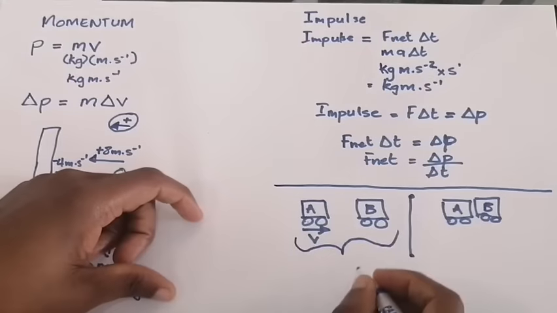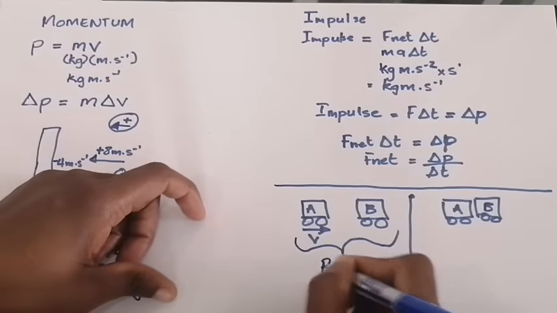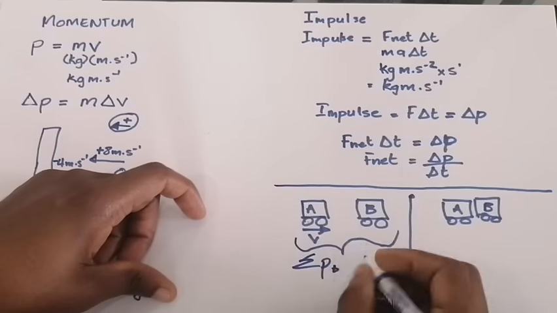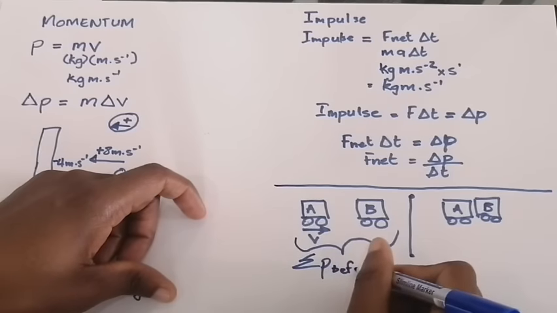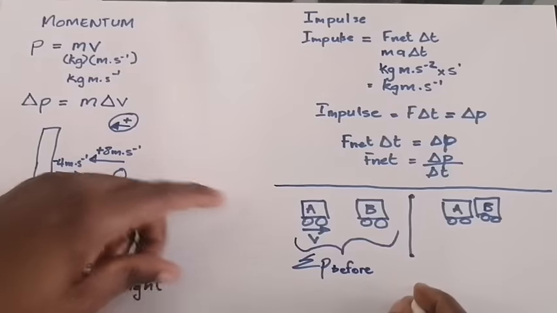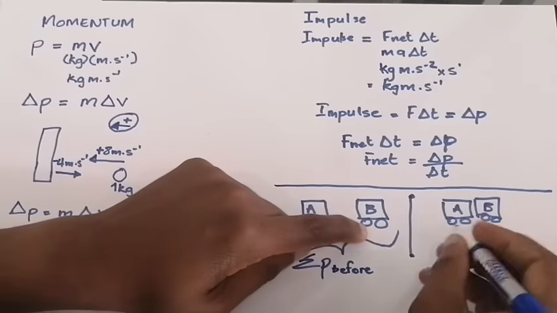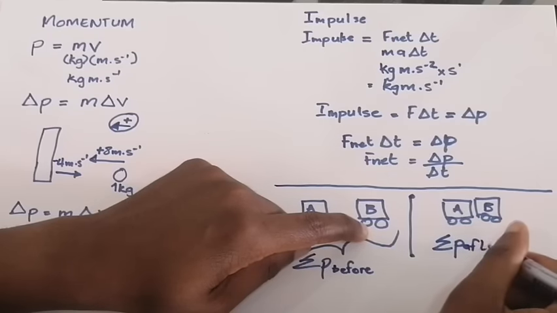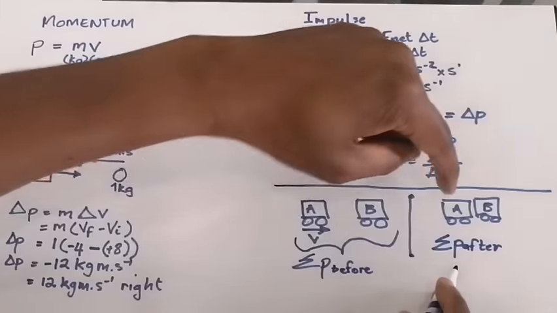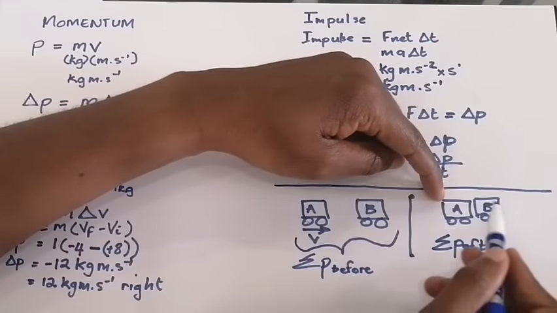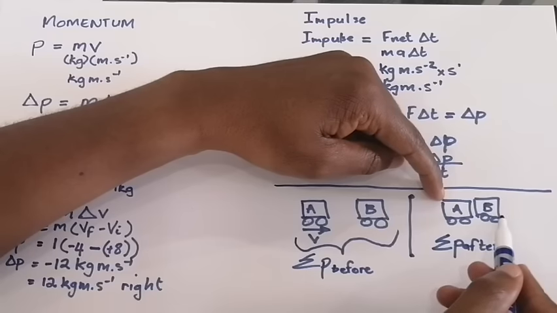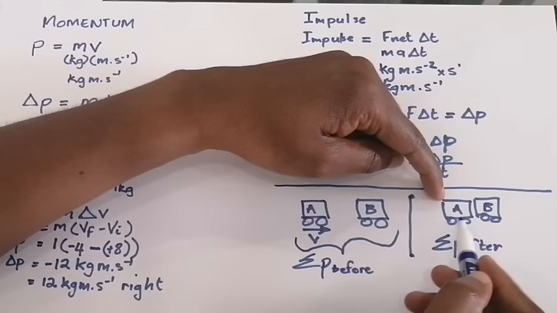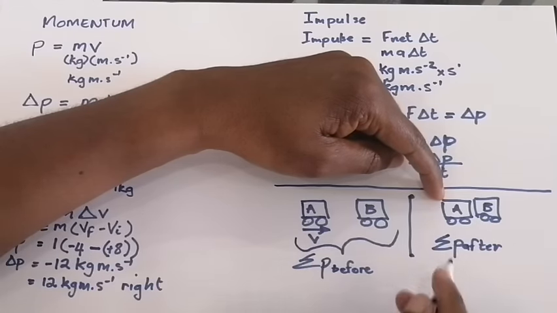So the total momentum of A and B before the collision will be equal to the sum of their momenta after collision. Notice what happened afterwards: after they collided, B would now be moving, when initially it wasn't, and A's speed would be reduced from what it was before.